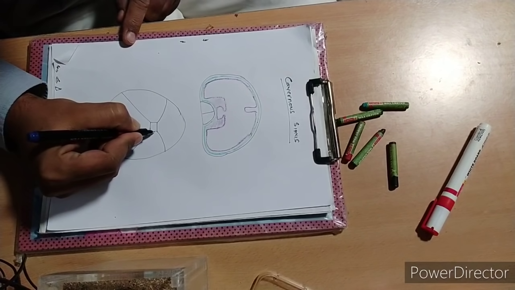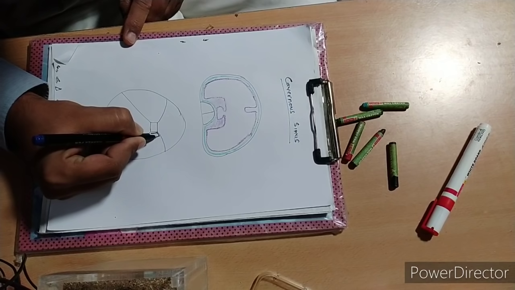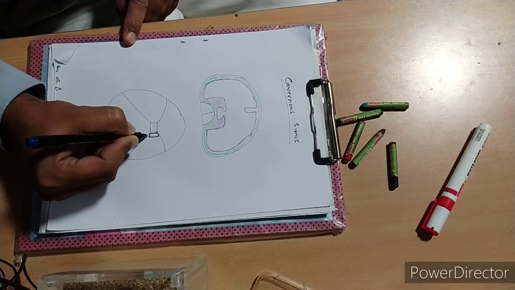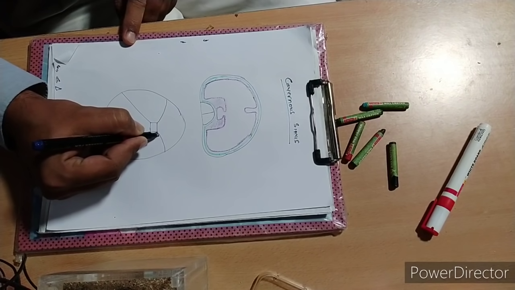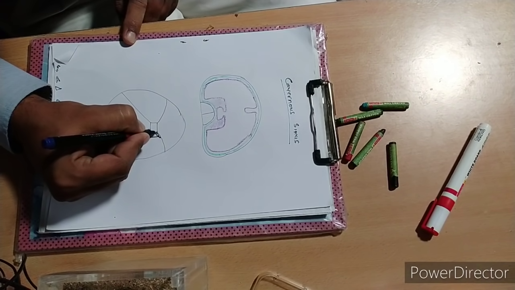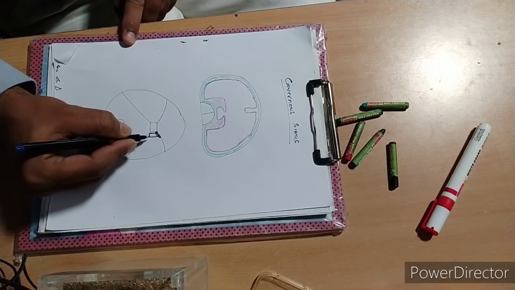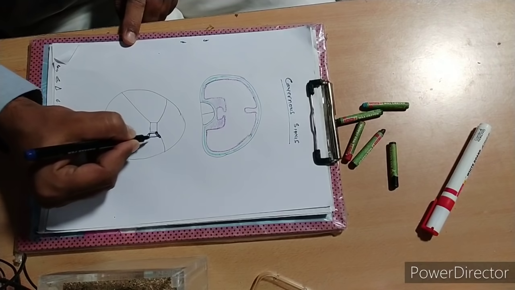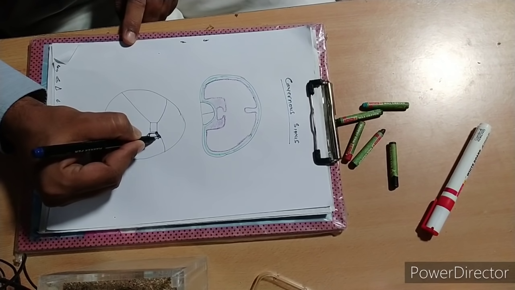Now, look here. This sinus extends from the apex of the petrous part of the temporal bone up to the superior orbital fissure. So this is the superior orbital fissure. This is the lateral wall of the sinus.